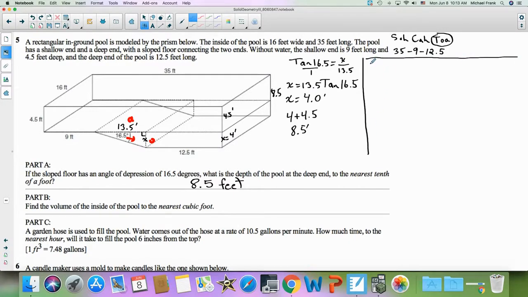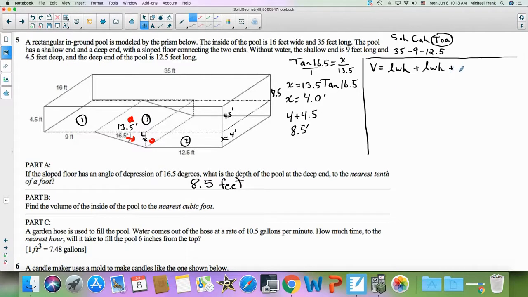So our volume of the whole pool is really going to be length times width times height of our first rectangular prism. Then I'm going to add another length, width, and height of this one over here. So I'll say this is going to be like our first one. This right here is going to be our second one. And then the third one is going to be this triangular prism.